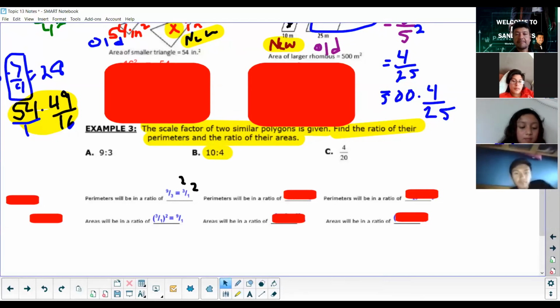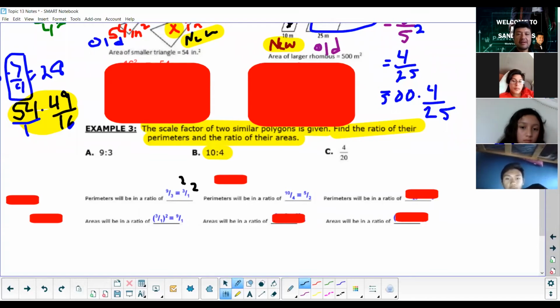Okay. So perimeters will be the ratio of blank. It would be 5 over 2 because you could go ahead and reduce it. And then what about the area? Okay, well, the area would be 25 over 4. Excellent. All right, Max, do the last one.